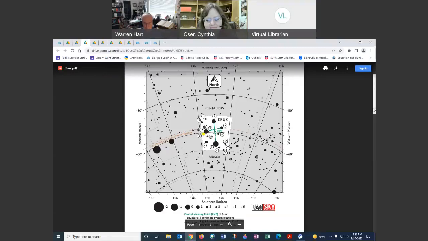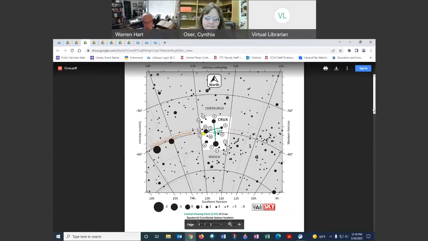Now, what we have on this page, you notice there in brown, I have indicated over there on the left, that is CTC Planetarium's southern horizon. What that means is from that dashed line up north, you can see all that. From that dashed line down, you will not see it. It is below the horizon.